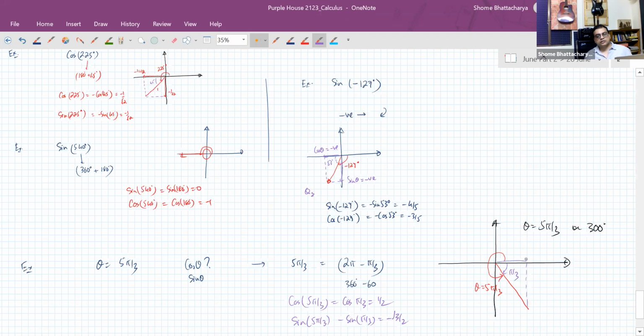You can see that the cos theta value is positive, whereas the sine theta value is negative. That's how I'm getting this one. Okay, so just make a note of these 2 or 3 examples here.